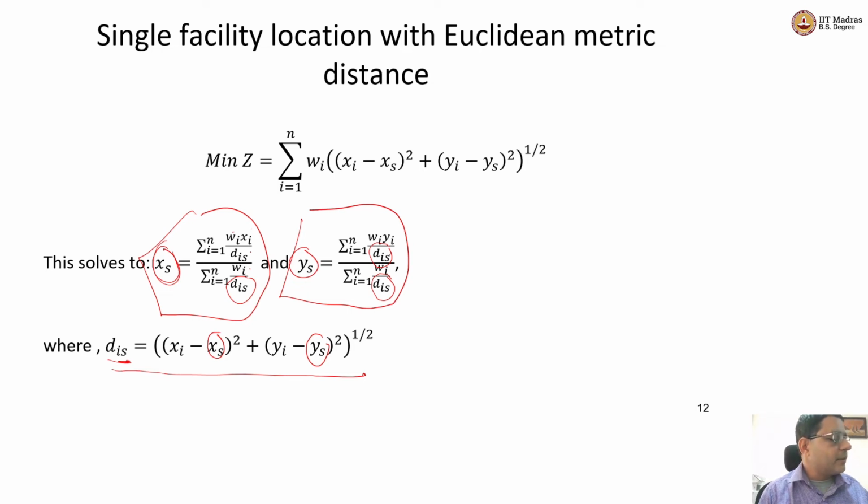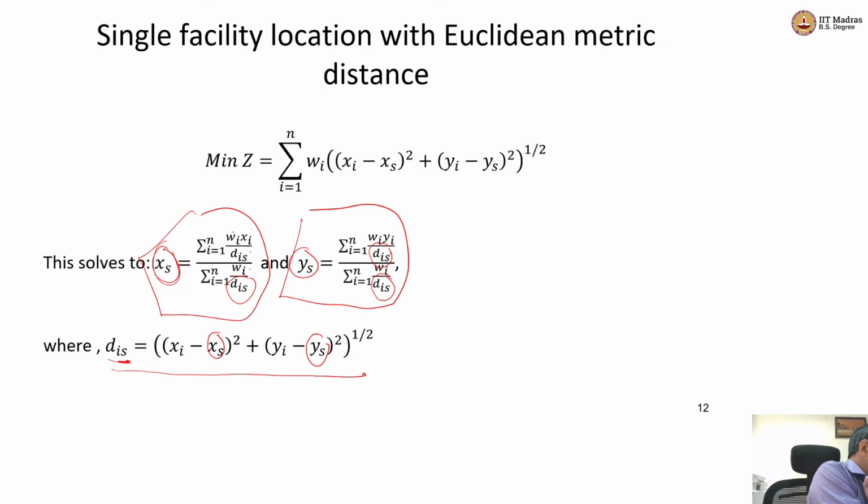So not only was I unable to separate the x problem from the y problem, even when I got the optimal solution, I still cannot separate the two. I have to solve xs and ys together. It's slightly more complicated, and therefore it has to become an iterative process. Right? Understood the idea? The idea is still the same. I have not changed the objective function.